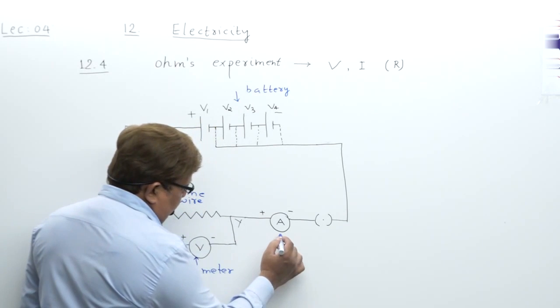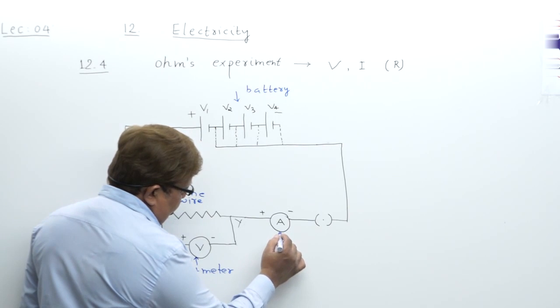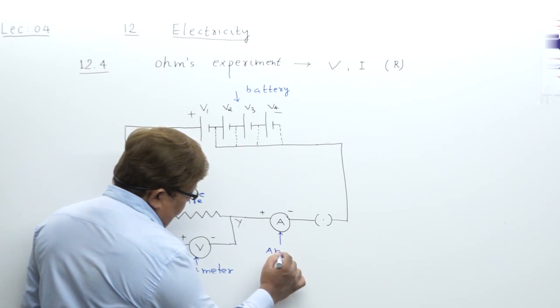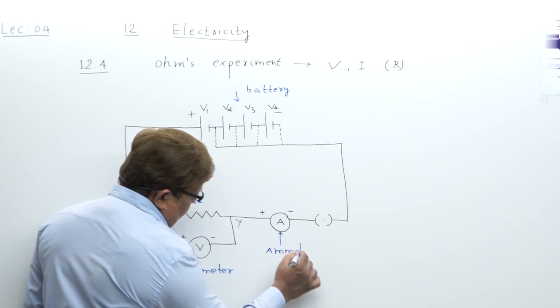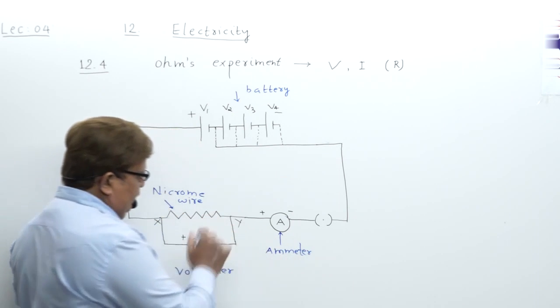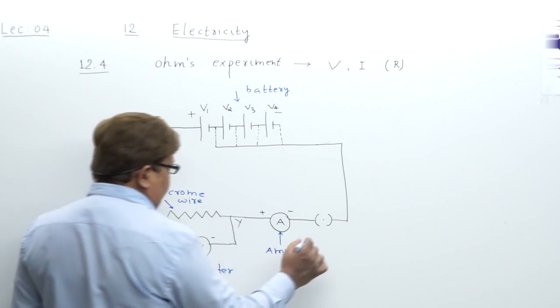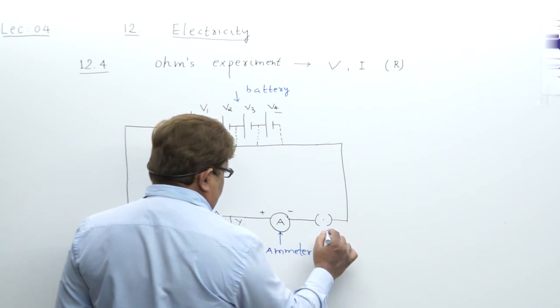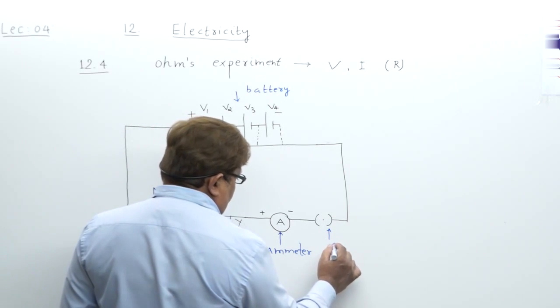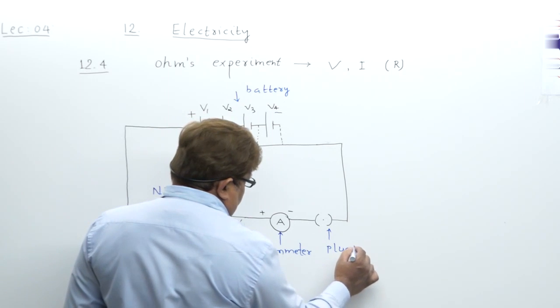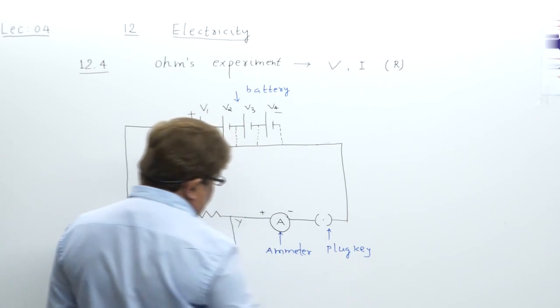This is an ammeter to measure the amount of current passing through this resistor, and this is the plug key, as you all know, okay. So, my dear student, try to understand.